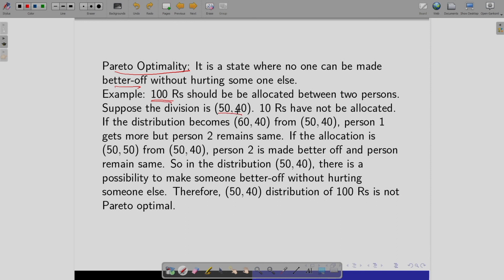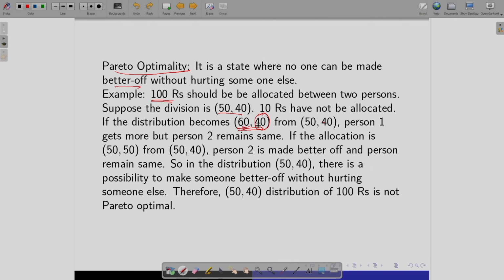Now, you have done this division, suppose 50 and 40. Okay. So, 10 rupees is left with you. Now, if you give 10 rupees to person 1, then the allocation is 60-40, right. Now, if you compare this and this, what have you done? You have kept the level of person 2 the same, but you have improved person 1, right.